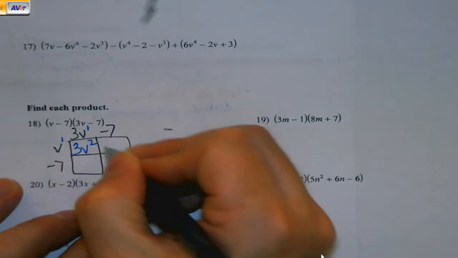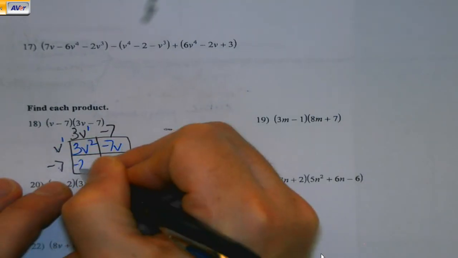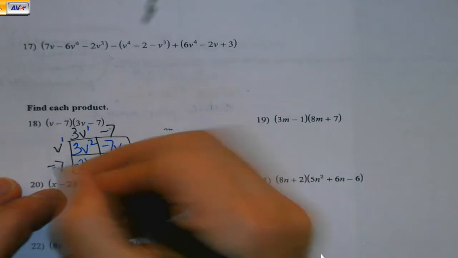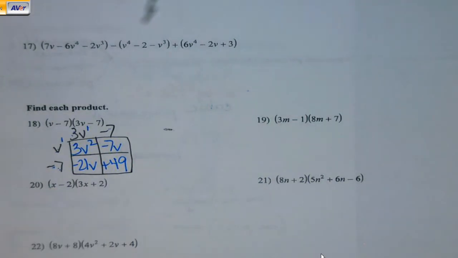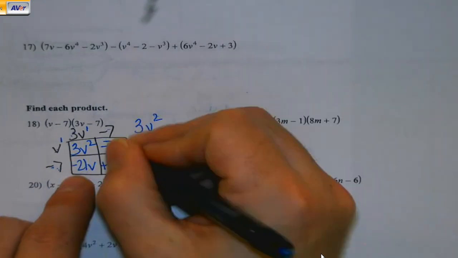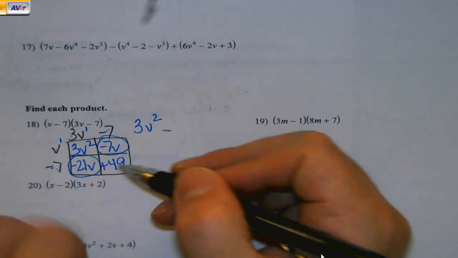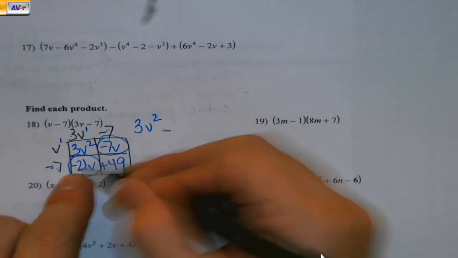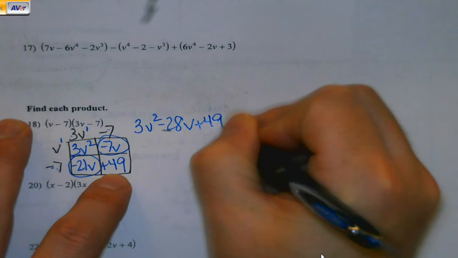And if I don't, I'm just multiplying them together, multiplying coefficients. Be careful with your signs. But once the box is full, once we've multiplied them, now it's just combining like terms like it was up above. So I look for my largest exponent. Like terms here. Again, we're just adding at this point. Don't multiply anymore. Negative 21 minus 7 is negative 28. Tuck my plus 49 on the end.